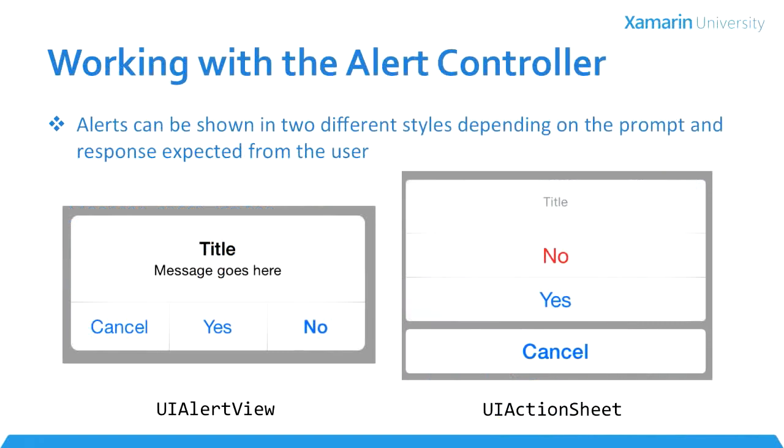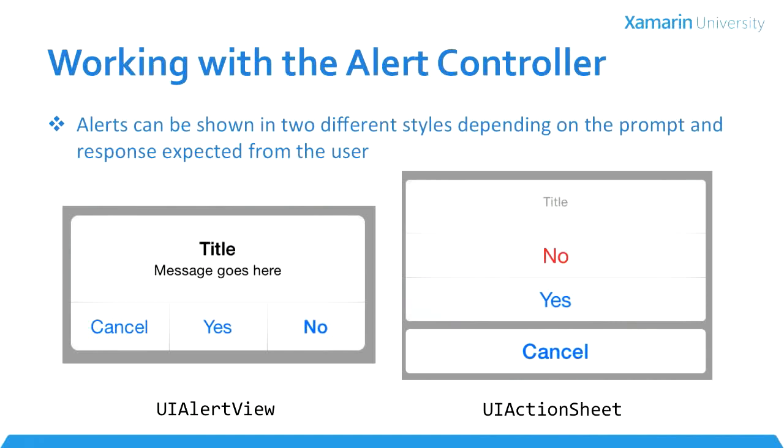So prior to iOS 8, we used several different APIs to display alerts to the user. The 2 most common were the UIAlertView, and this is for message box style alerts, and the UIActionSheet, which was used for interactive prompts, and that would really give you more choices, more selection for the user.